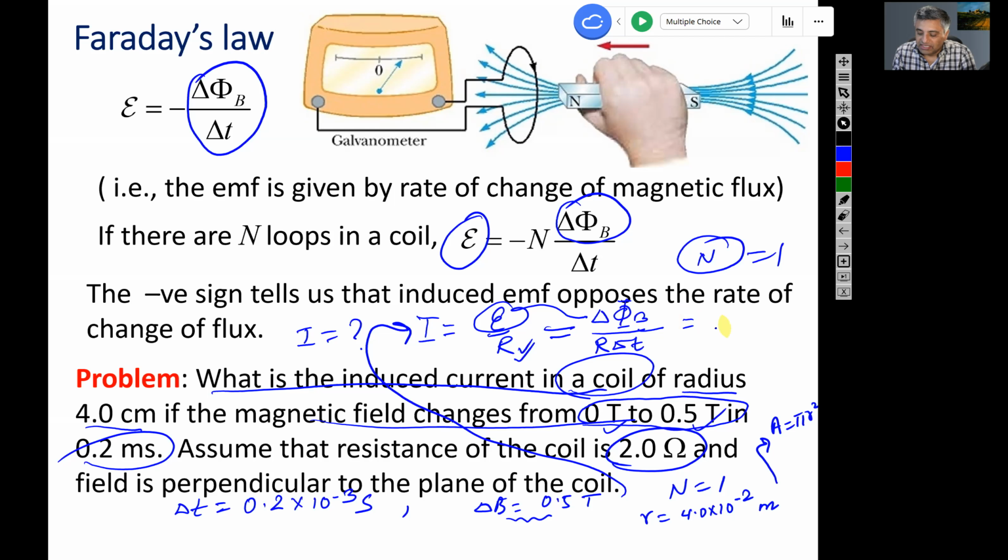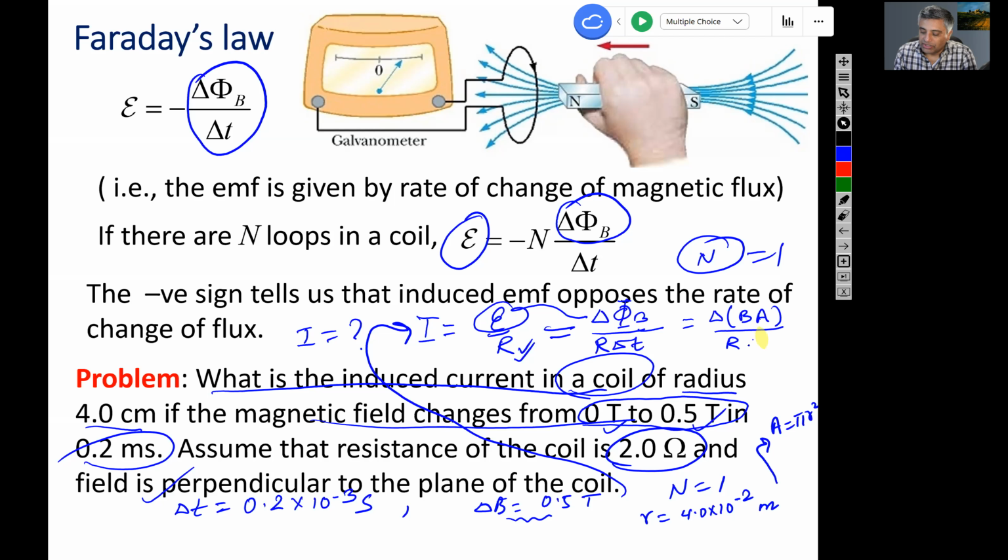Now, delta phi means B times A, okay? And the plane is perpendicular means the theta is 0 in this case. So I'm just keeping B times A.